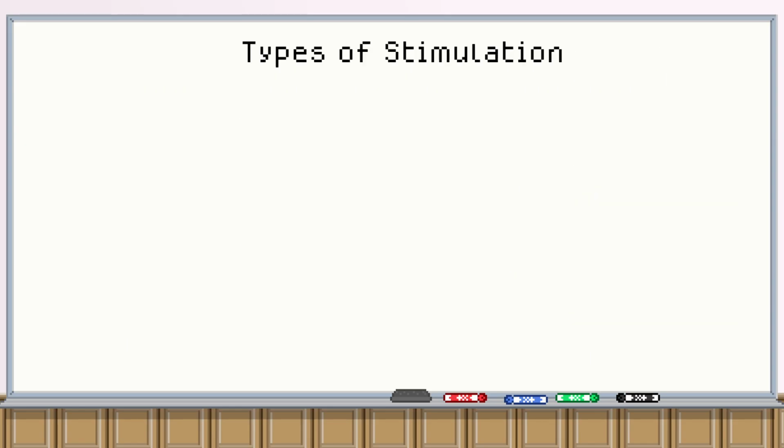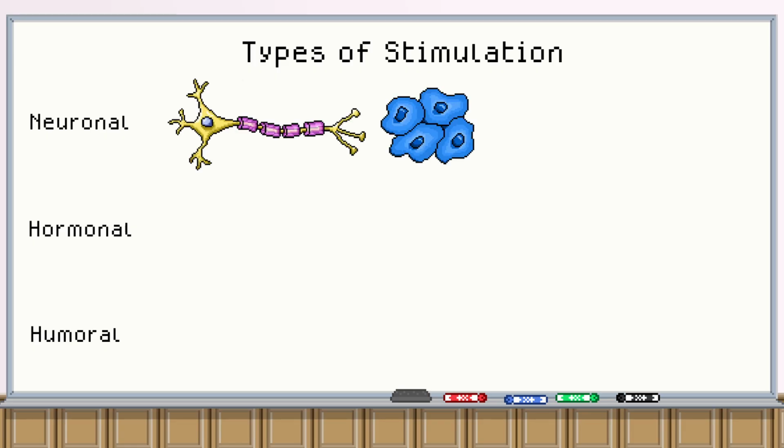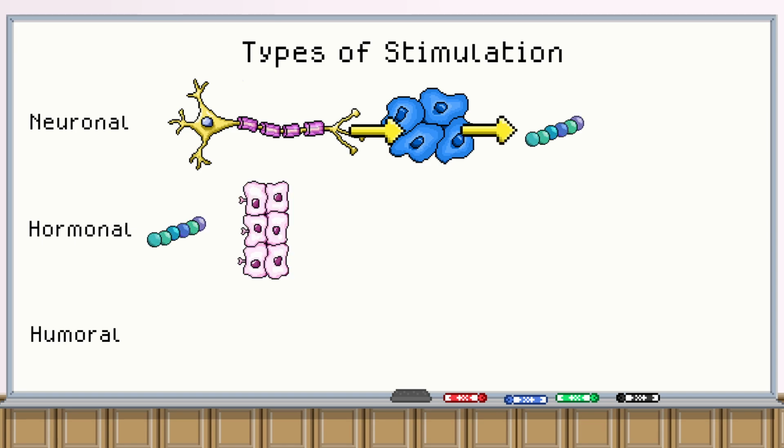The release of hormones can be triggered by three different types of stimulation: neuronal stimulation, hormonal stimulation, and humoral stimulation. Neuronal stimulation is when the release of hormones is triggered by a signal arriving from a neuron. Hormonal stimulation is when hormones are released by the arrival of other hormones.